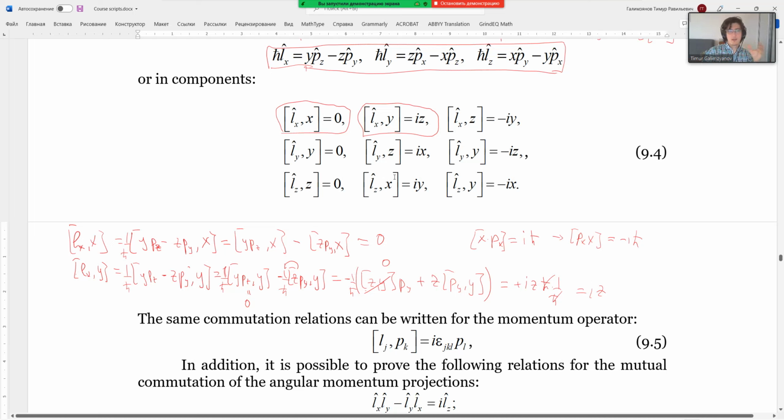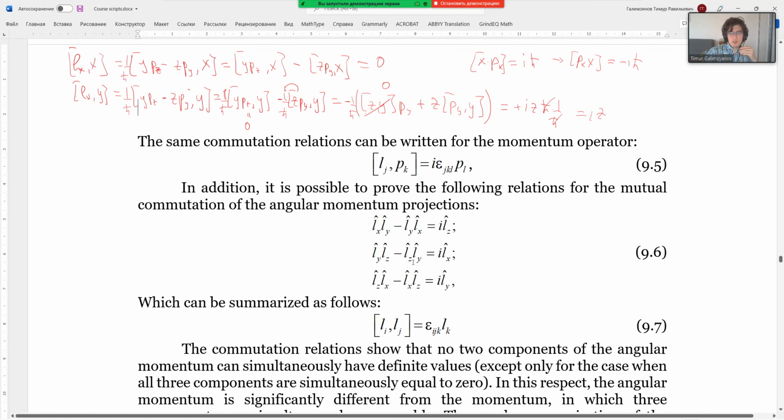Note that here we could have used the explicit form of the momentum operators, let's say, to substitute them by derivatives, and we would get the same results. But this approach is much easier because you just use commutator algebra. So the same relationships hold for momentum.